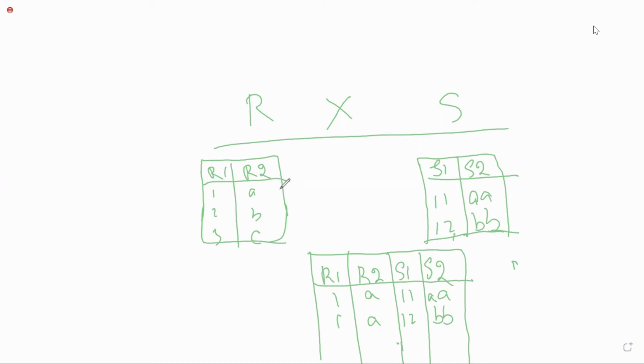For each record in table 1, it is mapped to all the records in the second table. Here there were 3 into 2, so you get 6 rows as an output. So this was about the cross product.